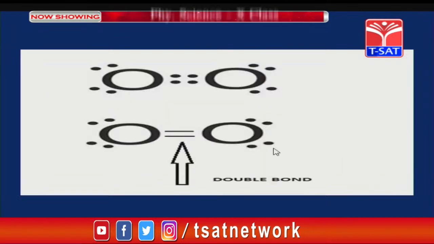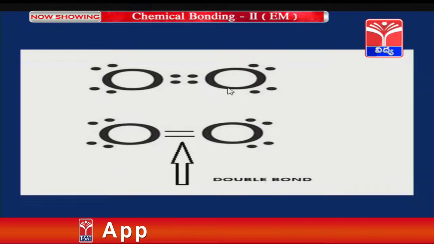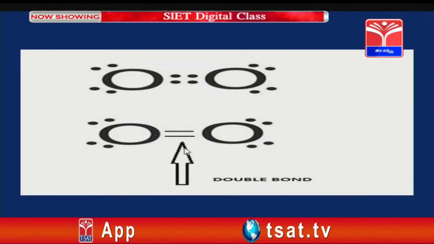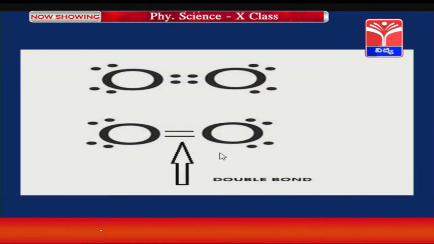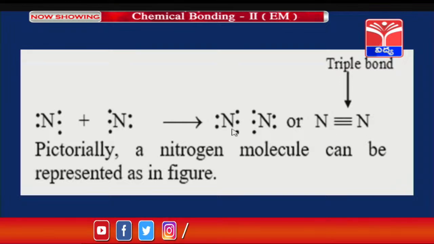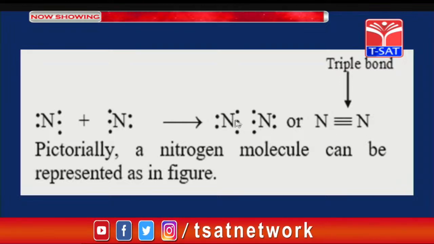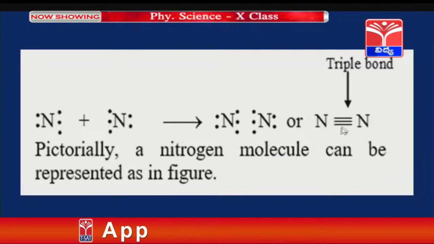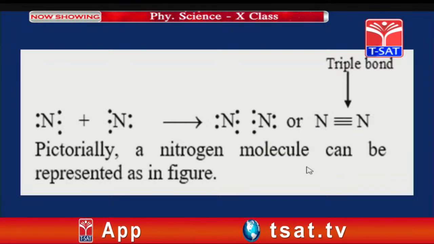Then what about the oxygen molecule, children? You can see between two oxygen atoms, two pairs of electrons are shared. So a double bond is formed between two oxygen atoms in an oxygen molecule. And in the nitrogen molecule, we have seen that between two nitrogen atoms, three pairs of electrons are shared. So a triple bond is formed between two nitrogen atoms.